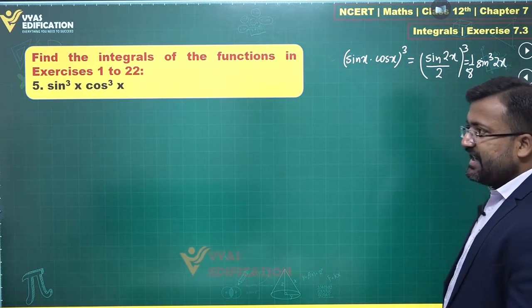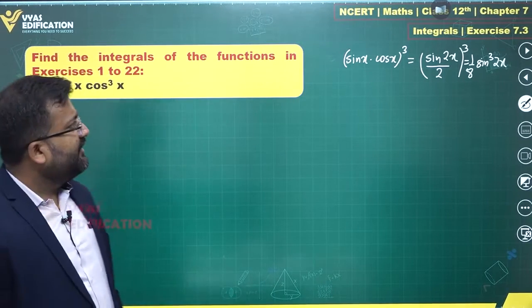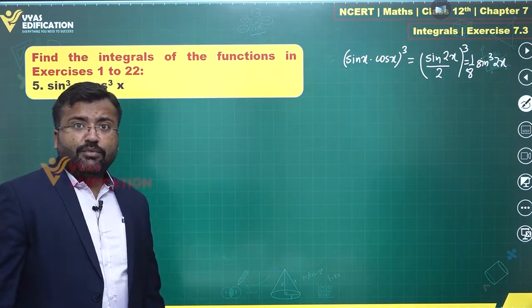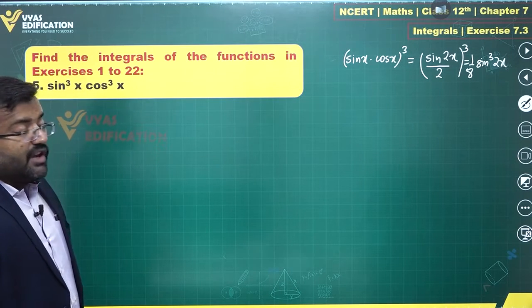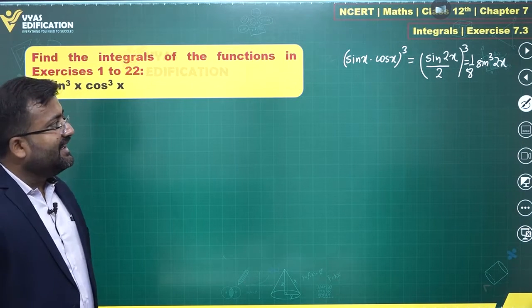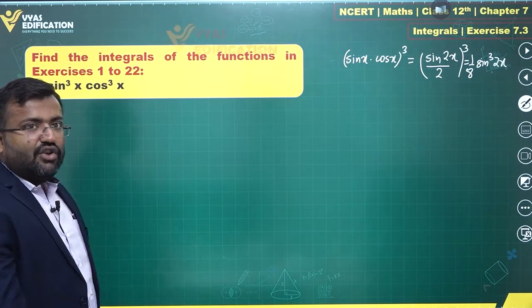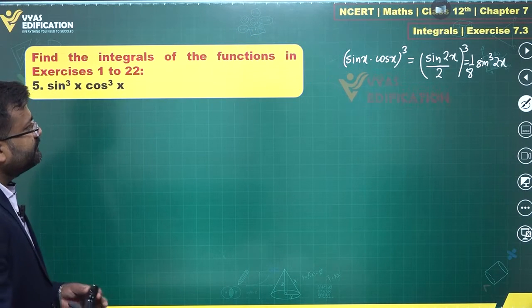Now I can integrate sine cube 2x, since I've just seen in the previous question how to integrate this kind of expression. There were two approaches to follow after this. We can use the formula for sine 3 theta and write it in terms of that, or we can directly separate sine square 2x and cos 2x, sine 2x, and use substitution over there.